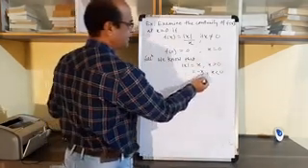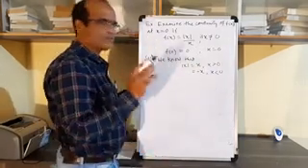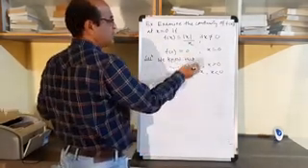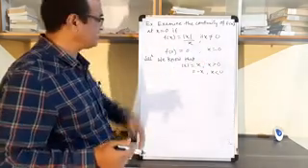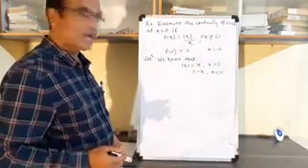Since x is negative, minus x is positive, so both are positive values. So mod x is always positive. So mod x is equal to x if x is greater than 0, and is equal to minus x if x is less than 0.